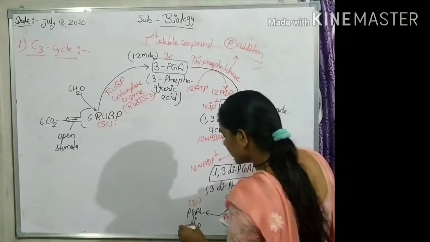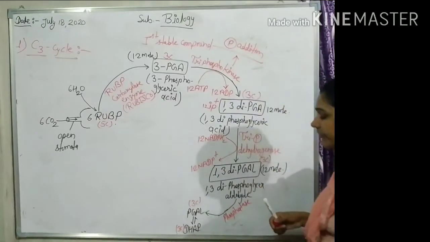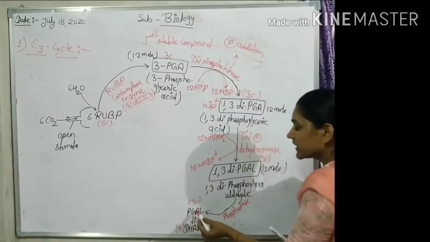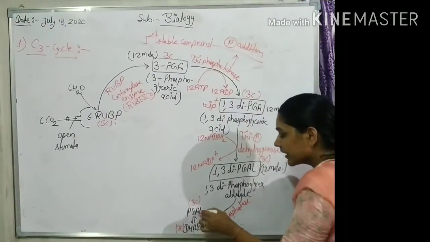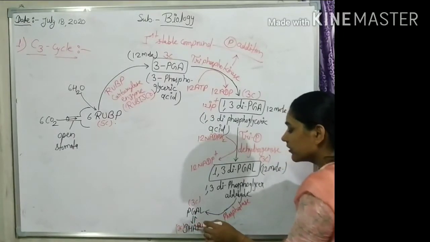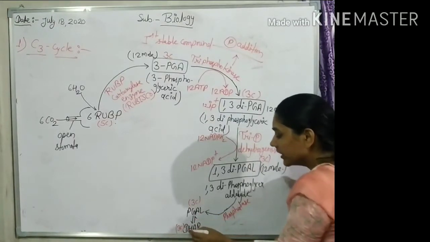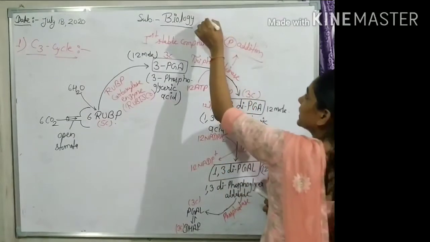DHAP is also a 3 carbon compound. Phosphoglyceraldehyde also can be converted into dihydroxyacetone phosphate.